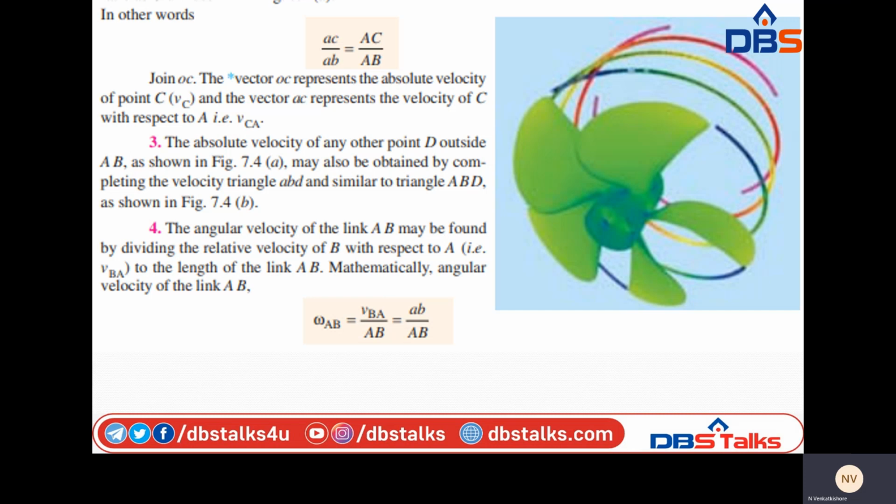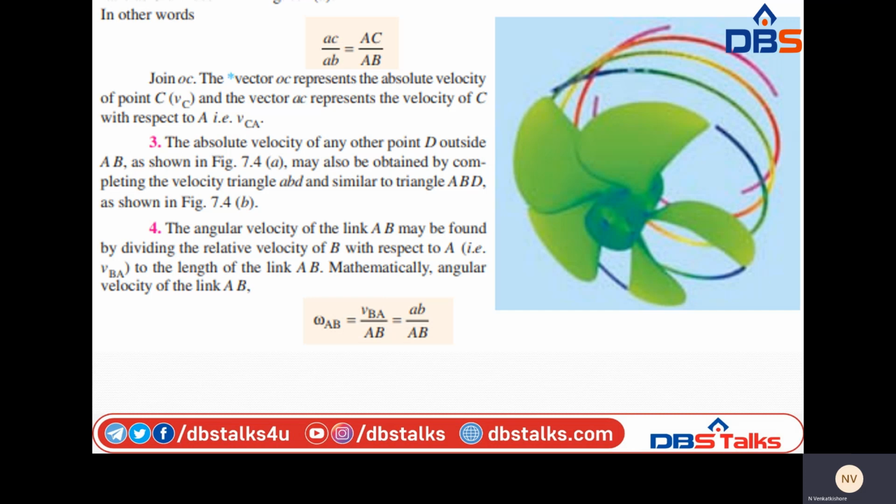And then the angular velocity of the link AB may be found by dividing the relative velocity of B with respect to A, that is VBA, by the length of the link AB. So we are representing this mathematically: the angular velocity of the link AB, omega AB, equals VBA by AB.